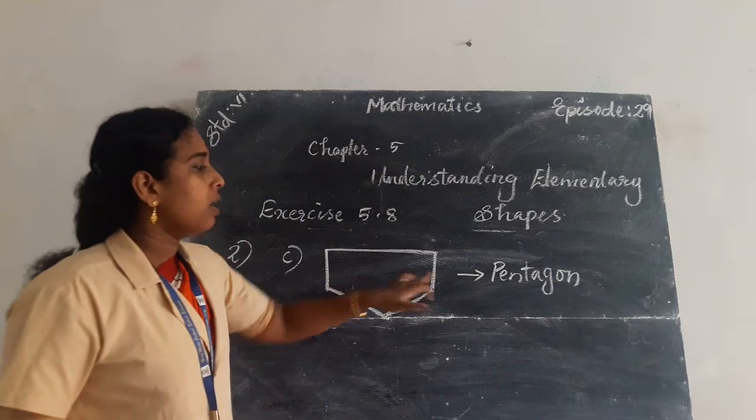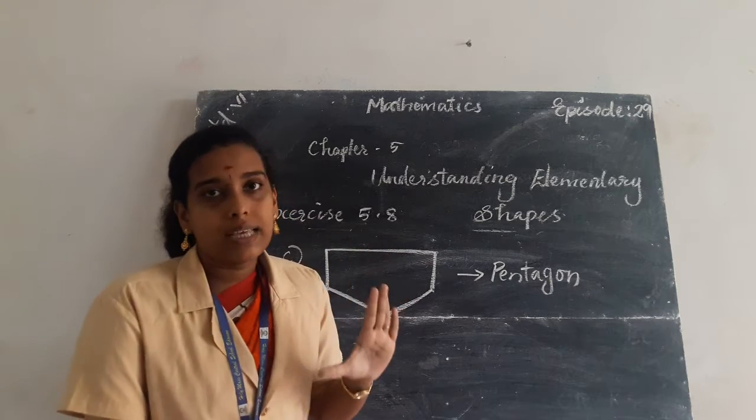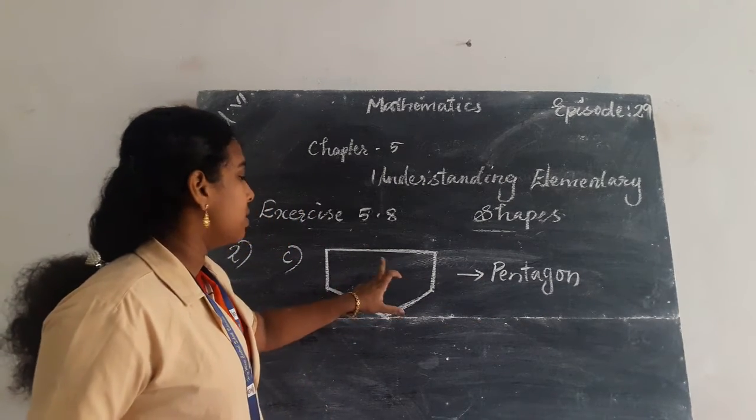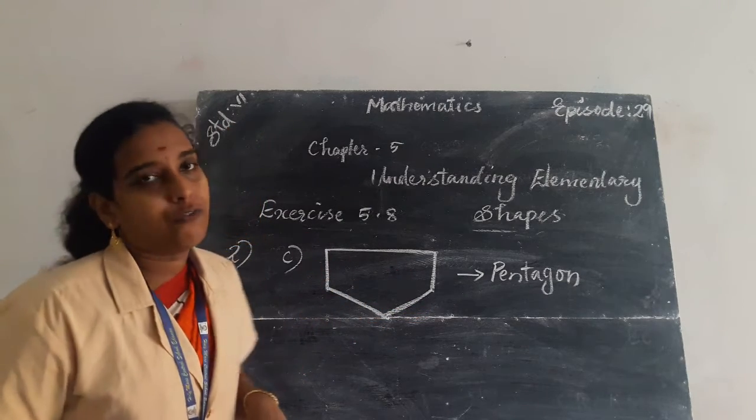It's called a pentagon because it is a polygon with 5 sides, and it is a polygon because the figure is entirely made up of line segments and it is also a closed figure.